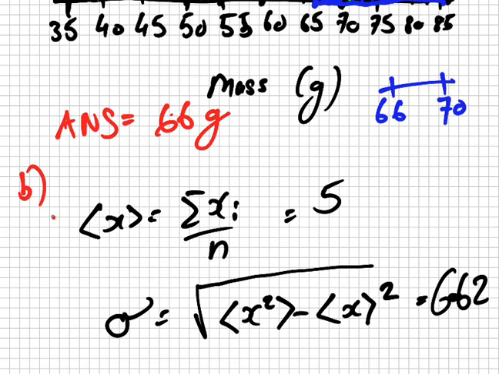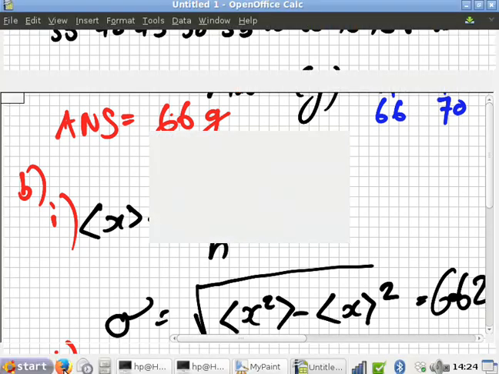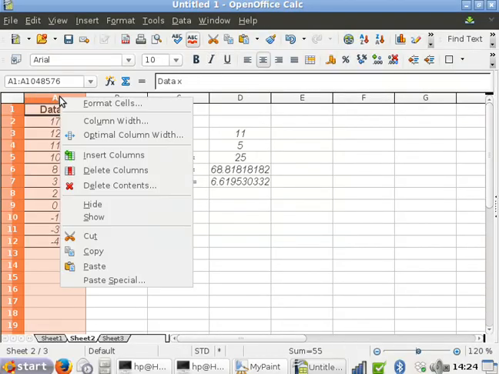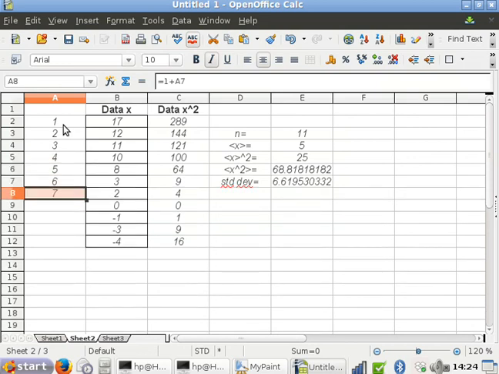Lastly is the median and the interquartile range. So if we look here, here's the first one, second, third, fourth, fifth, sixth, 7, 8, 9, 10, 11. If I have 11 numbers, which one is the middle one? It's the sixth one. So the median is 3 here.